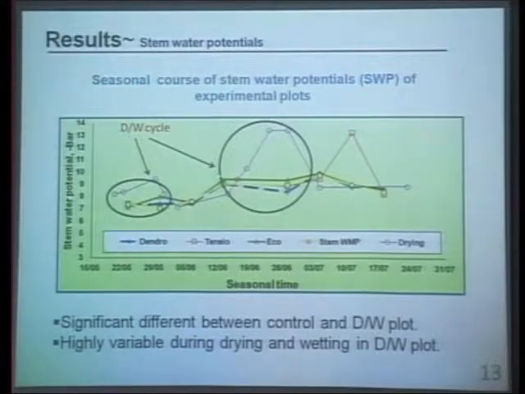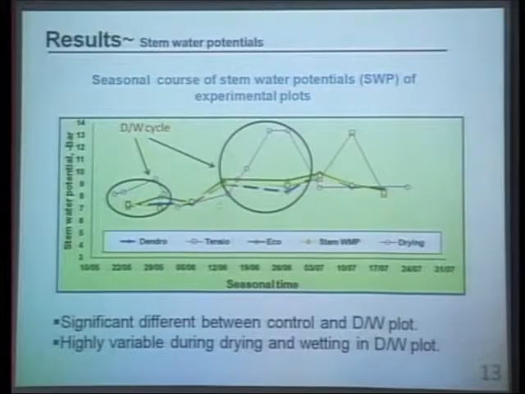And we had 2 drying cycles. The first was from the 20th of May to the 29th of May, and the second was from the 14th of June to the 3rd of July. In the drying and wetting plot, we found nearly 8 to 9.5 bar of stem water potential when we stopped the irrigation. After re-irrigation, it started to decline, and after drying, it started to be maintained the same as the control plot.